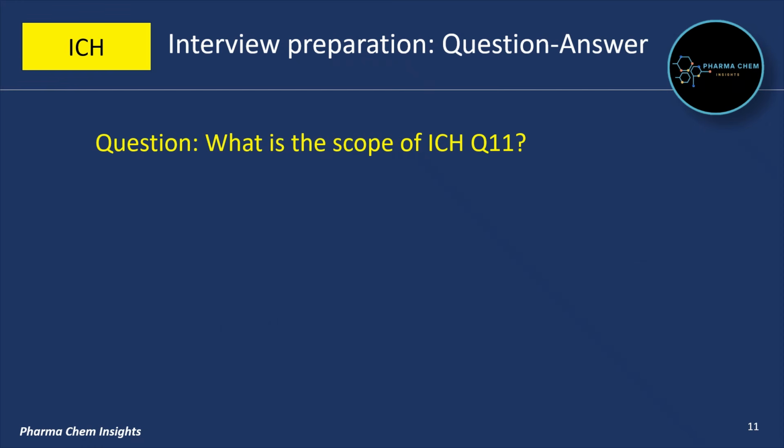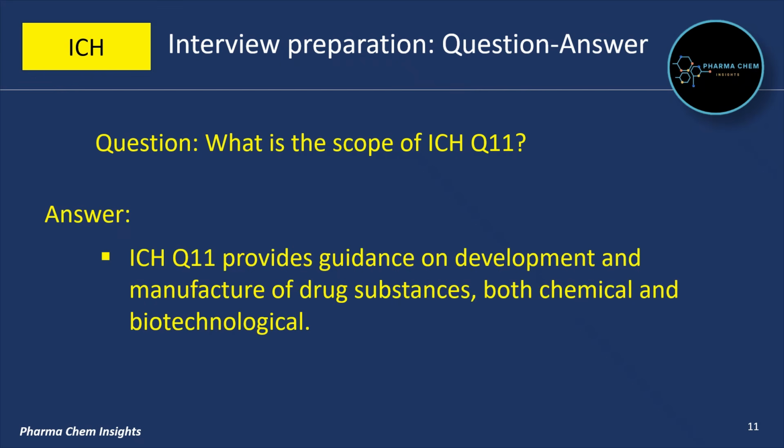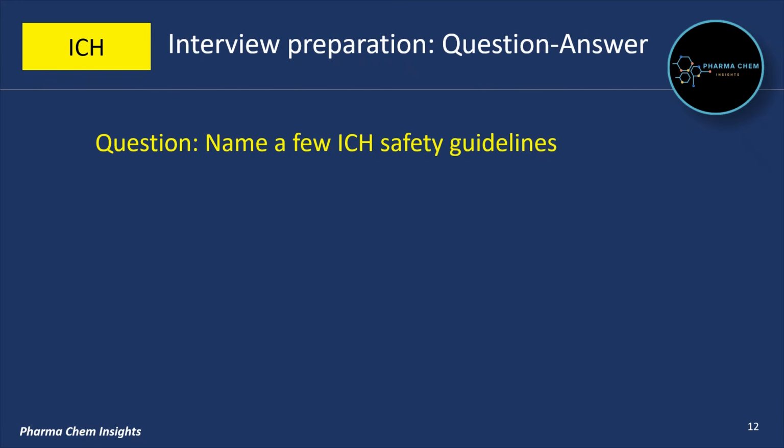Next question, what is the scope of ICH Q11? So ICH Q11 guideline provides guidance on development and manufacture of drug substances, both chemical and biotechnological. Name a few ICH safety guidelines. So we will see a few ICH safety guideline examples.